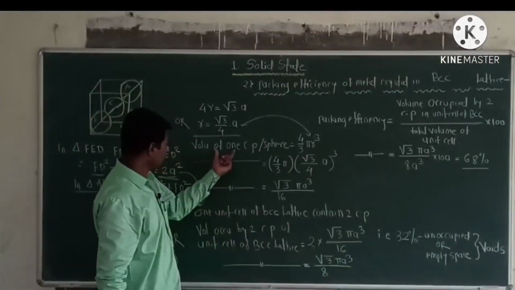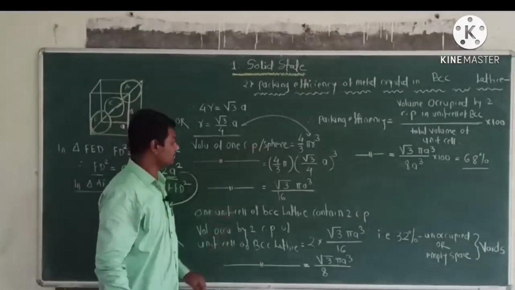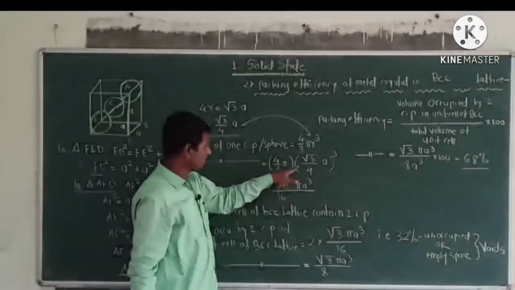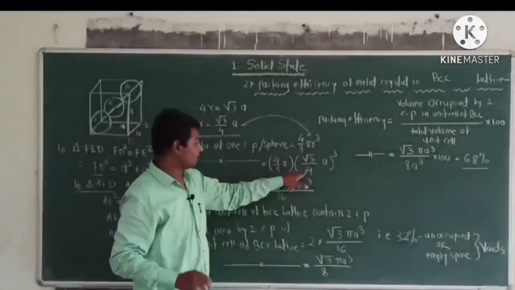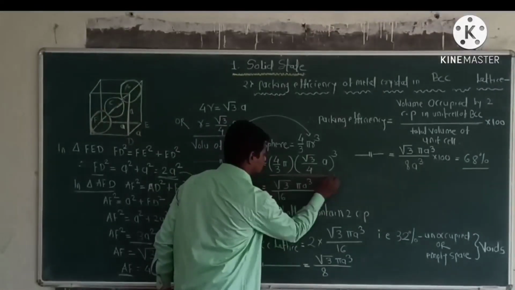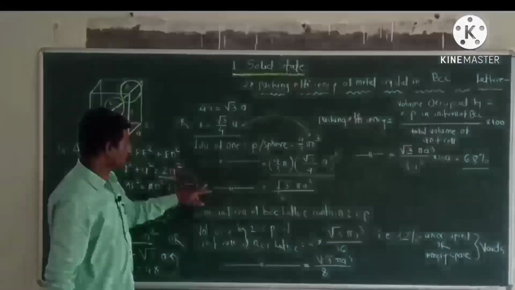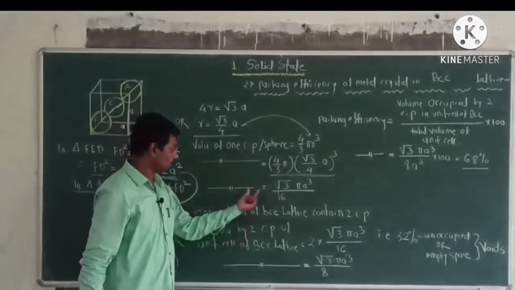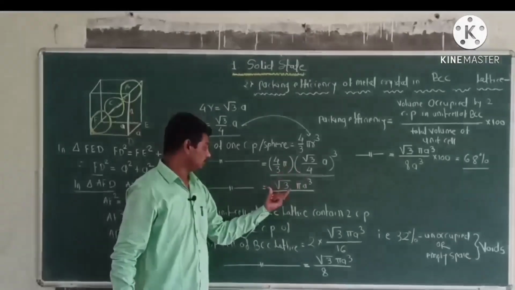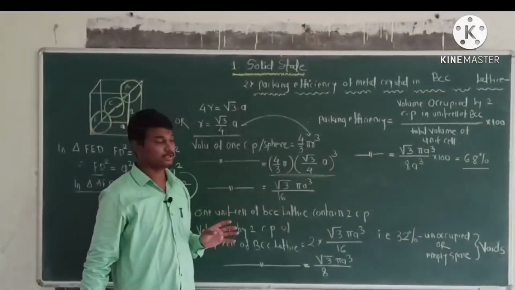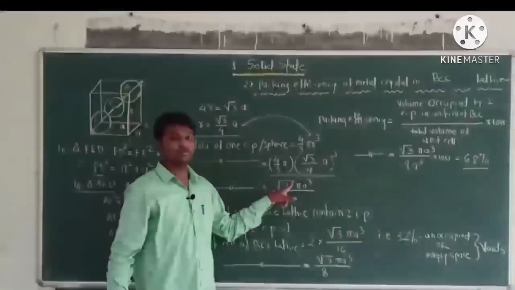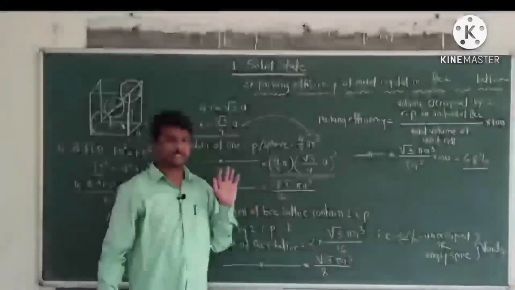We get the volume of a constituent particle or sphere is equal to 4 upon 3 pi into root 3 upon 4 into a, raised to 3. Solve this equation. We get the volume of one constituent particle or sphere is equal to root 3 into pi into a cube divided by 16.